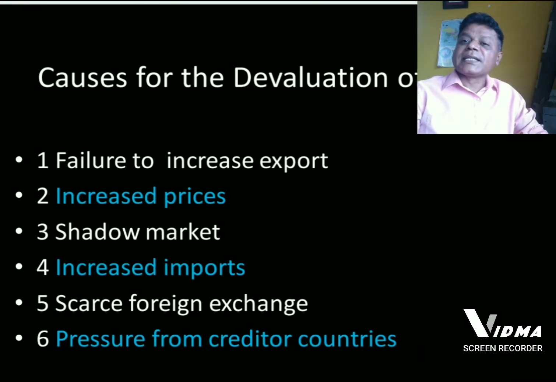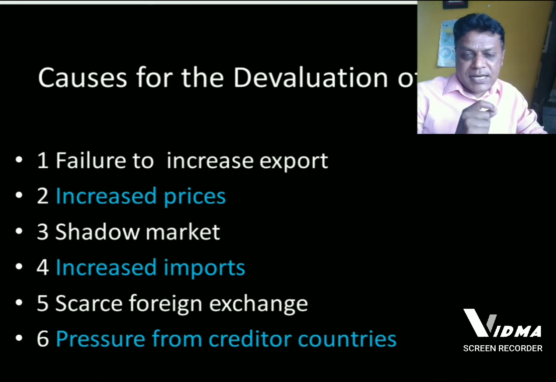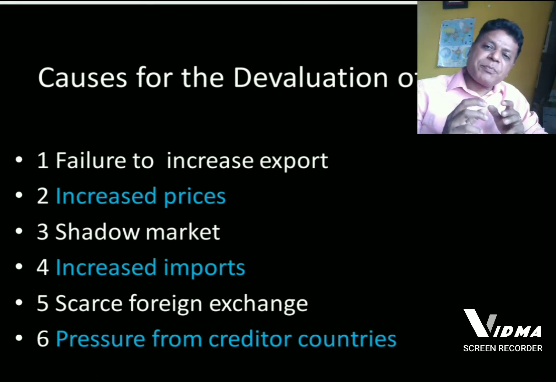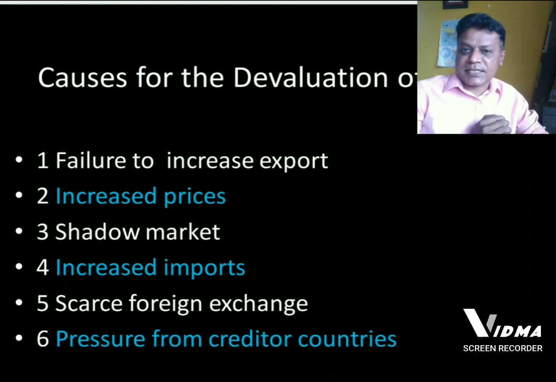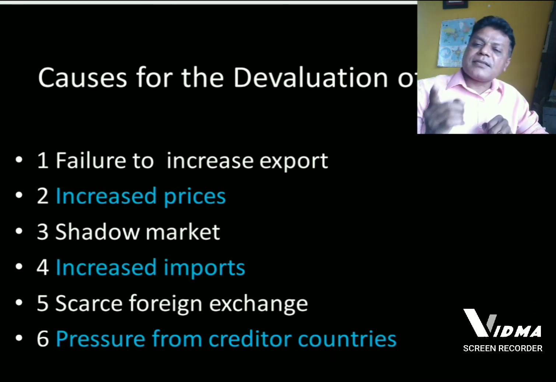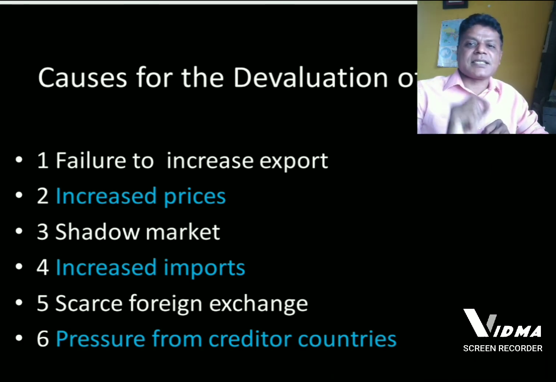Fourth one is increased imports. Fifth one is scarcity of foreign exchange reserves. Sixth one is pressure from creditor countries. Those who had given loans to India put a lot of pressure on India to devalue her currency. So these are 6 important causes for devaluation of rupee in 1966.